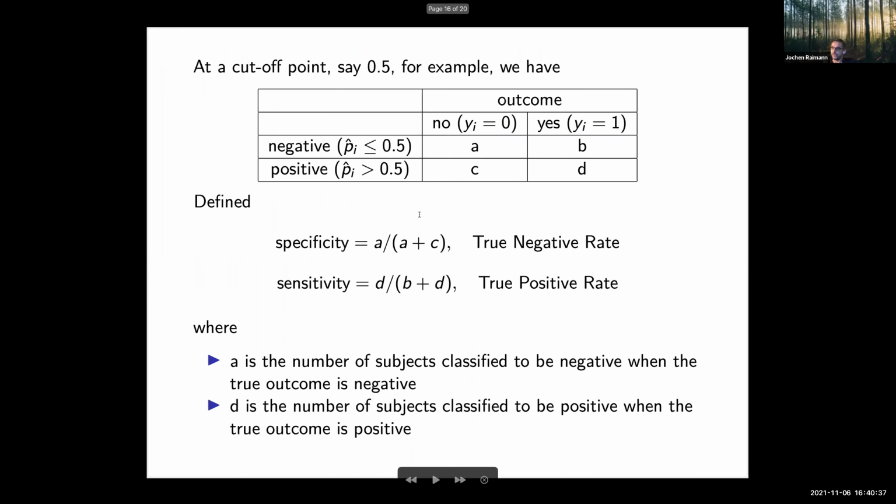So this essentially will allow us now to get to cutoff points and to determine whether an outcome is going to occur or not occur. So if we have a negative logit, this is essentially where the p hat i is smaller than 0.5, versus a positive logit, where we essentially get a negative and a positive outcome of our predicted outcome.